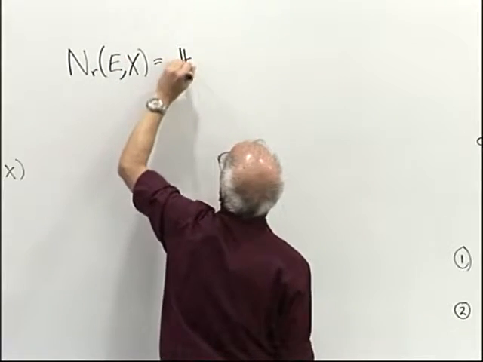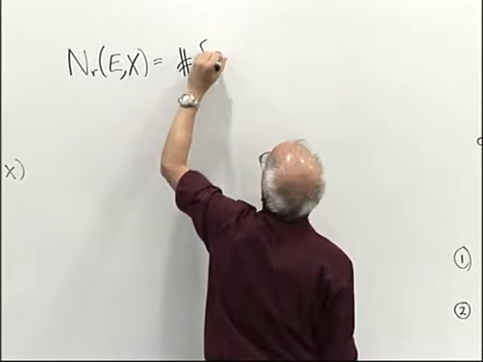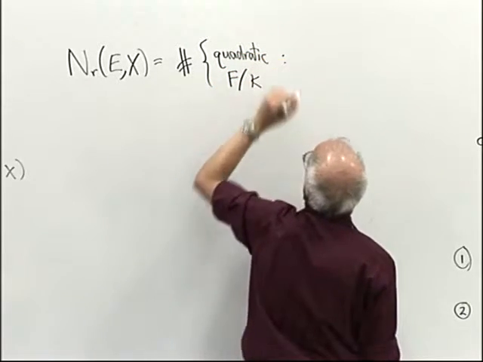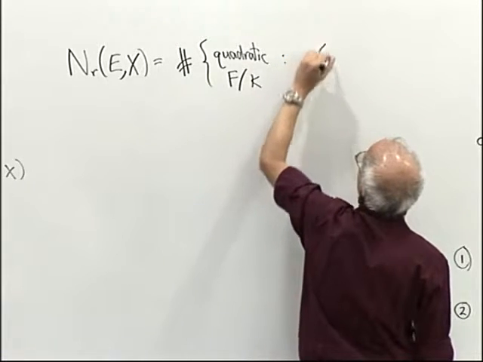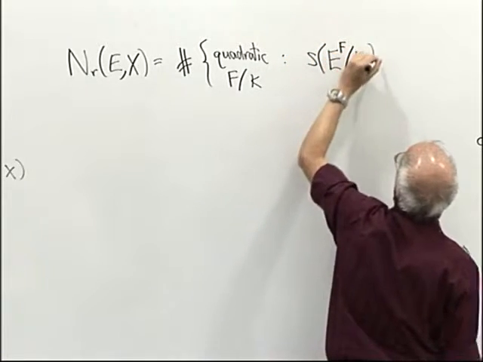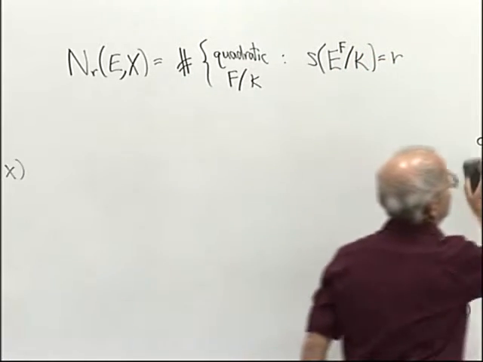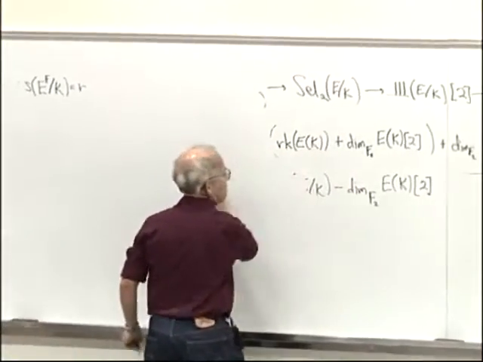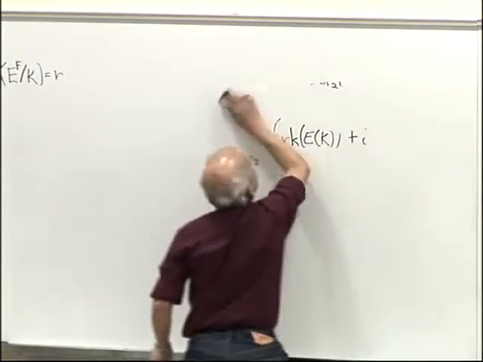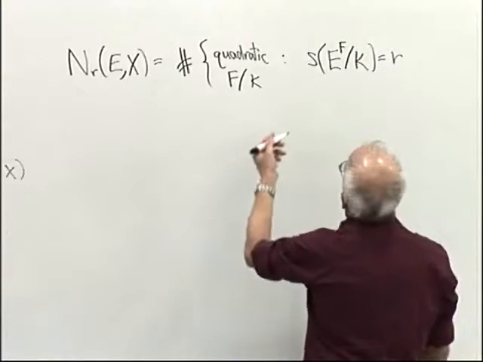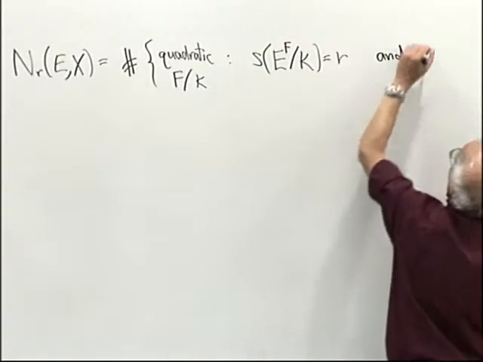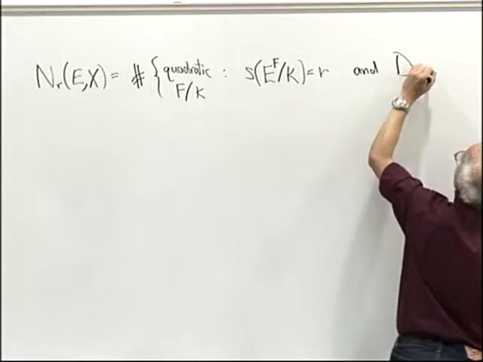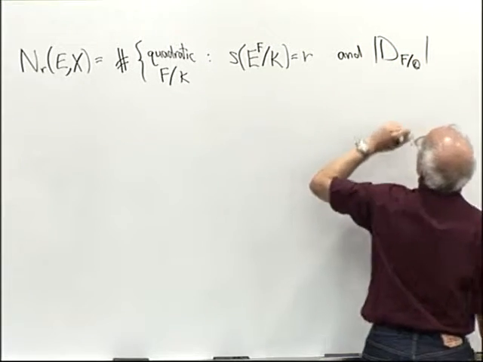This is going to be the number of quadratic extensions F over k such that the Selmer rank of the twist E upper F is r, and, well, we just have to bound our set of F somehow, and I'll just say that the absolute discriminant of F over Q is less than x.